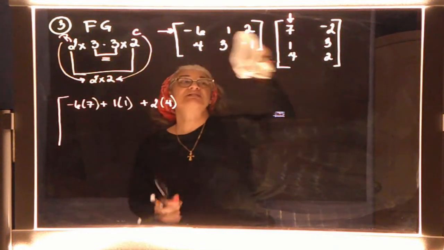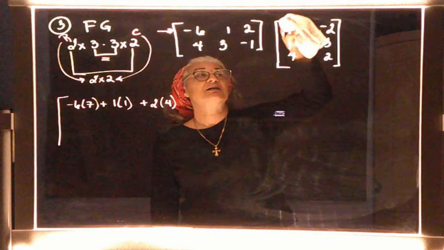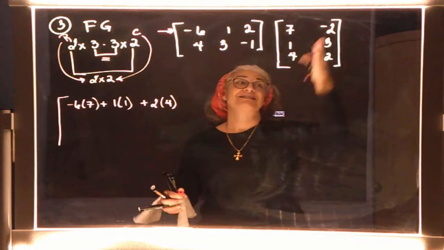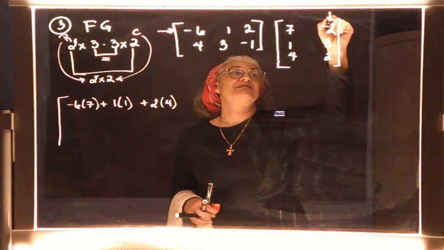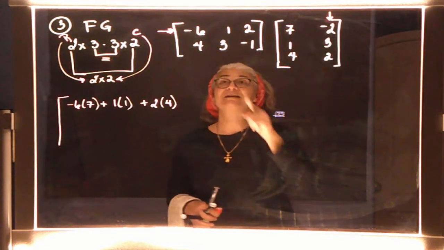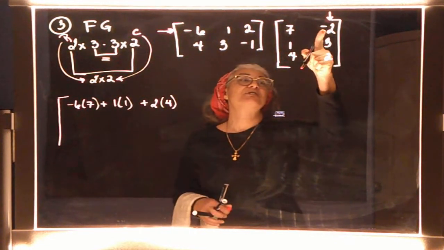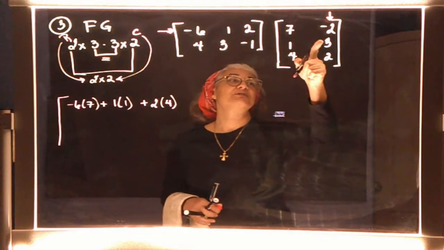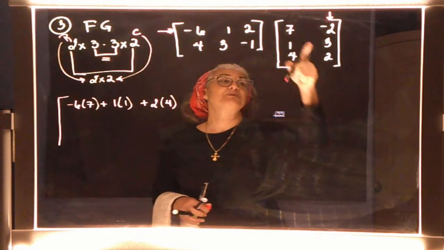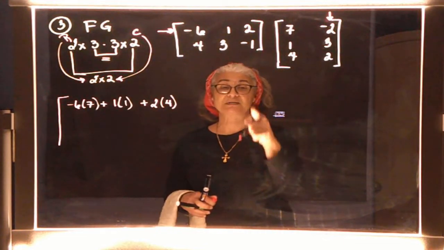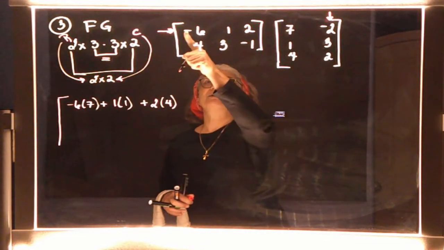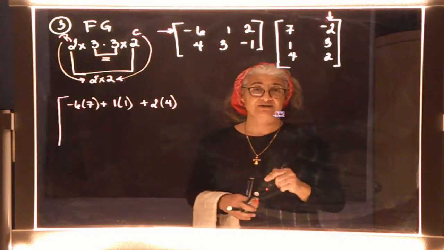But I'm not done with this first row because there's a second column here. So now I'm going to take the first row to the second column. Again, first number to first number, second number to second number, third number to third number. And my answer is going to go in the first row, second column spot, because I'm multiplying the first row by the second column.